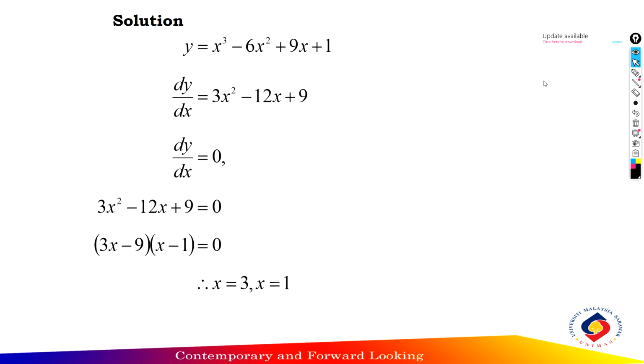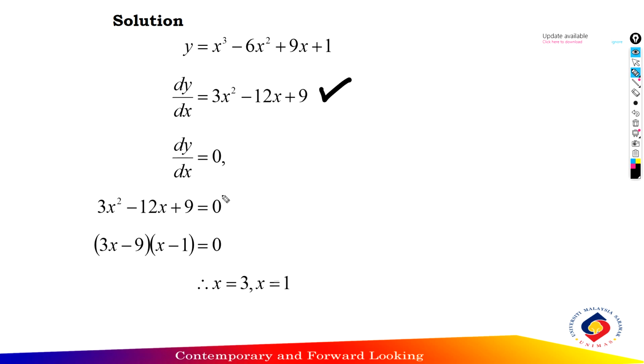Given the cubic function, first you find the first derivative. Differentiate y with respect to x. So the first derivative dy over dx equals 3x squared minus 12x plus 9.